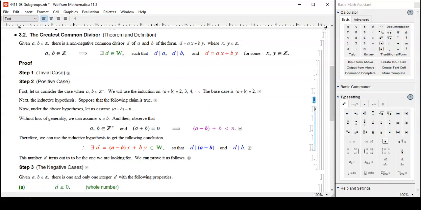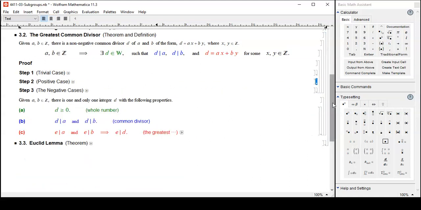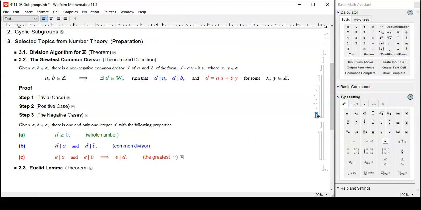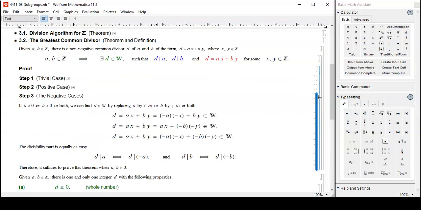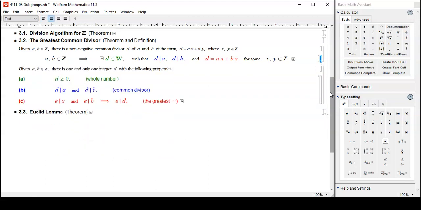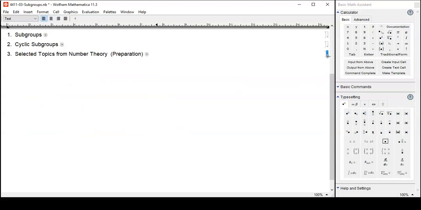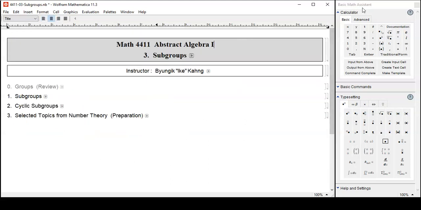But now I think it's okay, so here we go. We covered everything now, so the positive case is completely done. And as for the negative case and so on, yeah, the detail is left to the students. So that really concludes the greatest common divisor: existence, properties, uniqueness, everything, including those minute gaps.